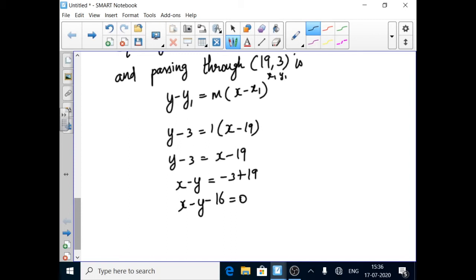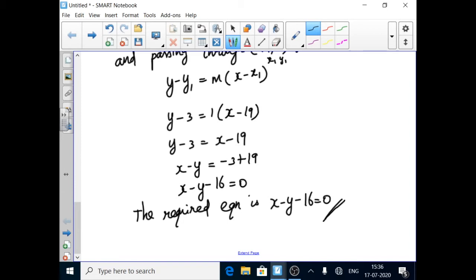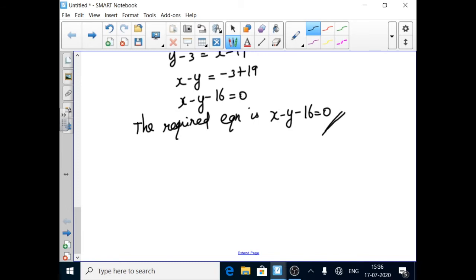So the required equation is x minus y minus 16 equal to 0. Okay, take down this.